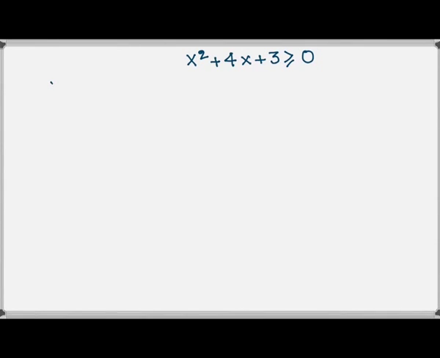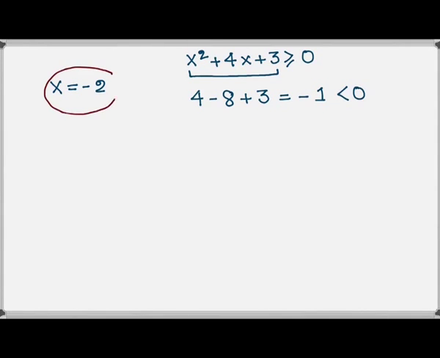First we substitute the value x = −2 in the quadratic polynomial x² + 4x + 3, and we get 4 − 8 + 3, which is equal to −1, strictly less than 0. Therefore for x = −2 the condition is not satisfied, so x = −2 is not possible.